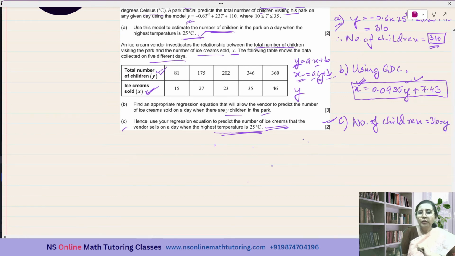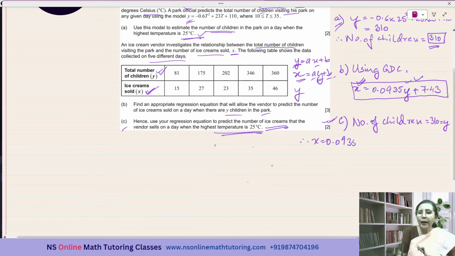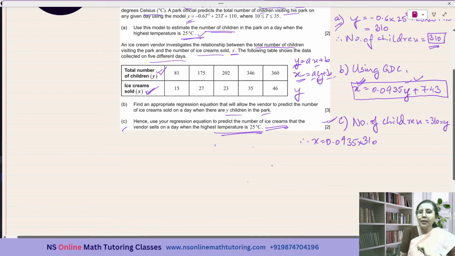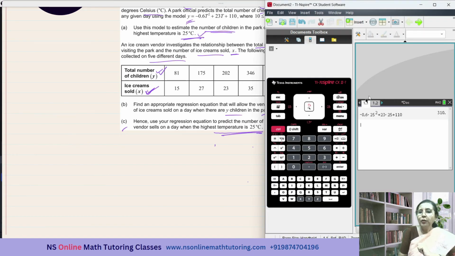Therefore, x is equal to 0.0935 times 310 plus 7.43. Okay, so let me go to the calculator.